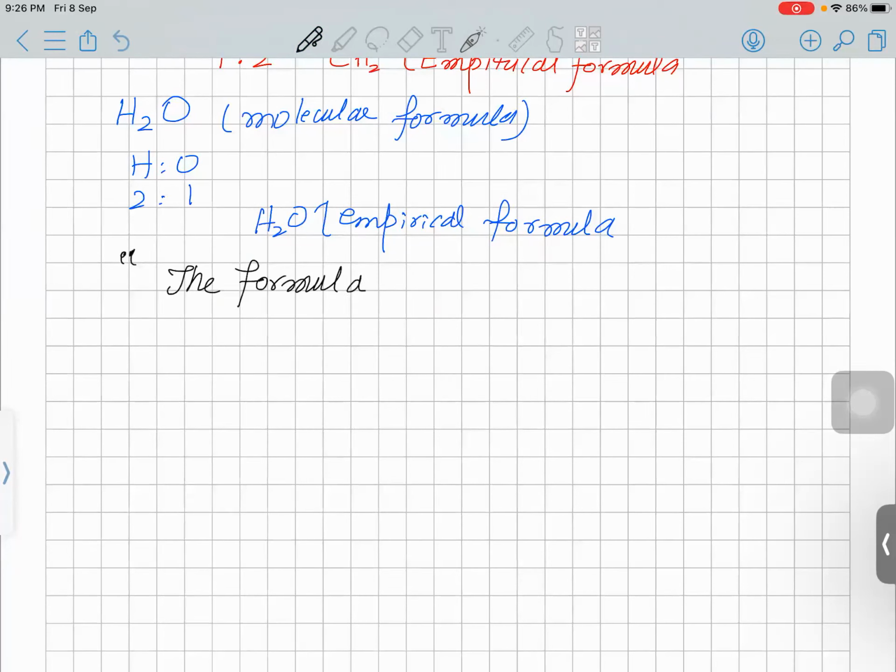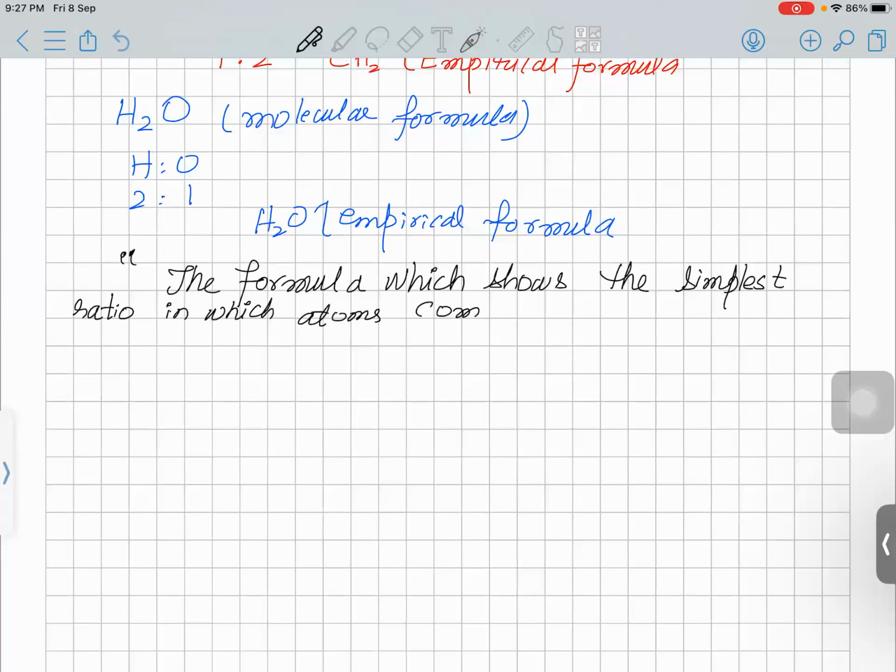The formula which shows the simplest ratio in which atoms combine.